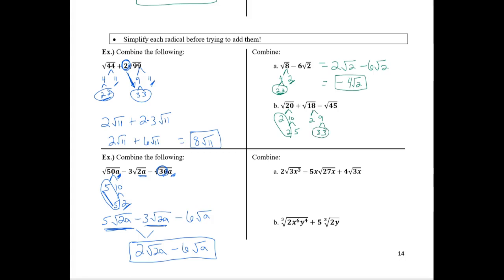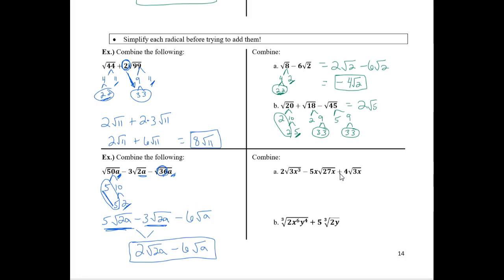I can take that out. 45 is 5 times 9. And again, 9 is 3 times 3. It's a perfect square. I'm going to rewrite this by taking out all these perfect squares. The square root of that 2 squared is 2. And I have a 5 left underneath the radical.